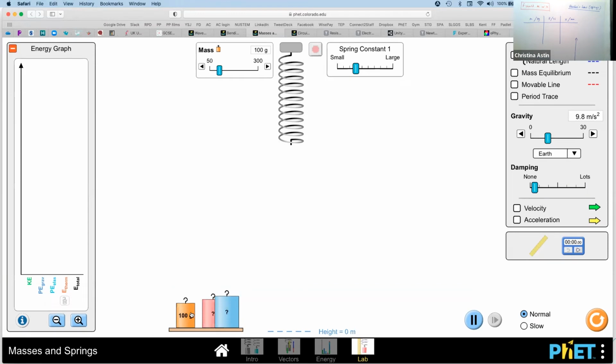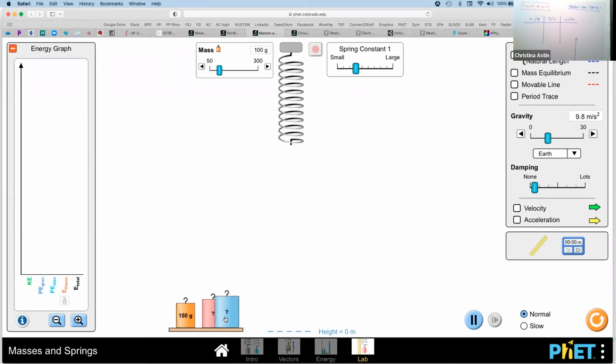So what we do is we start off by finding the spring constant of the spring, and then we can use that spring constant to find the masses of these unknown red and blue blocks. That's just a nice little extra to add to it.